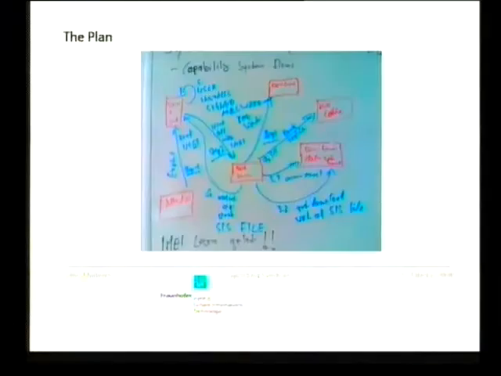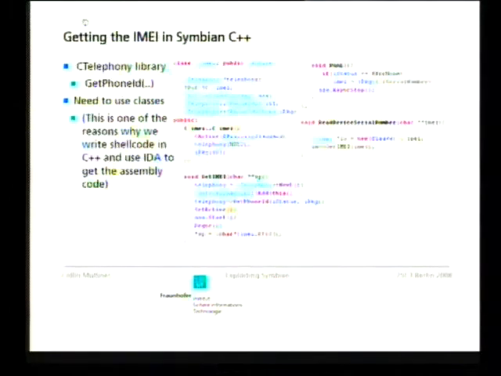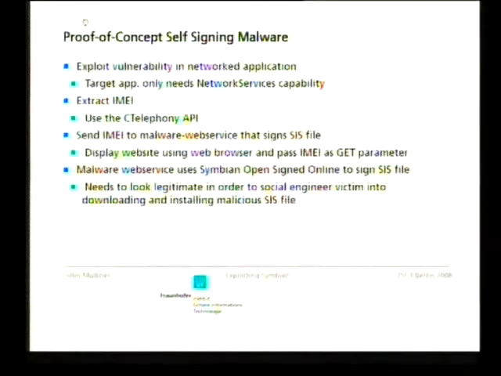We attack the device, extract the email, and send it to the backend server. The backend server will send it to the online signing system. The signing system is protected by a very, very cheap captcha. You see here. Oh, okay. Did I show? No. Where is the cheap captcha?